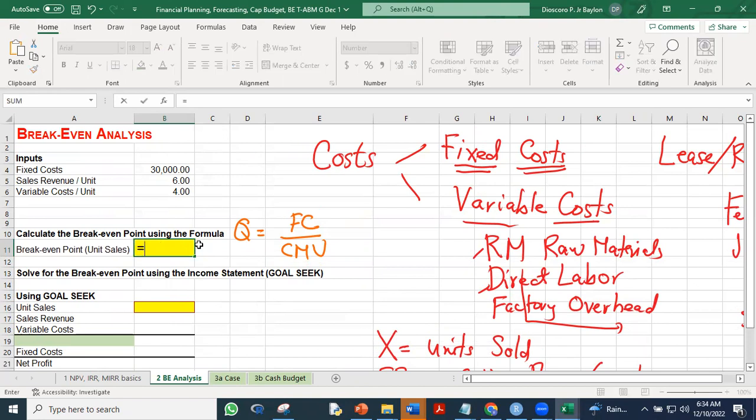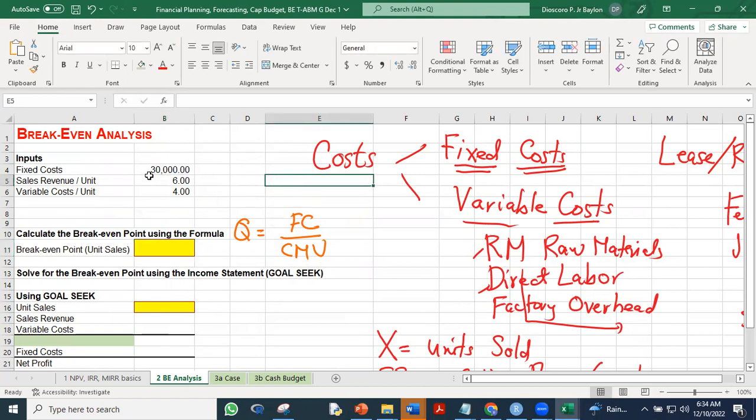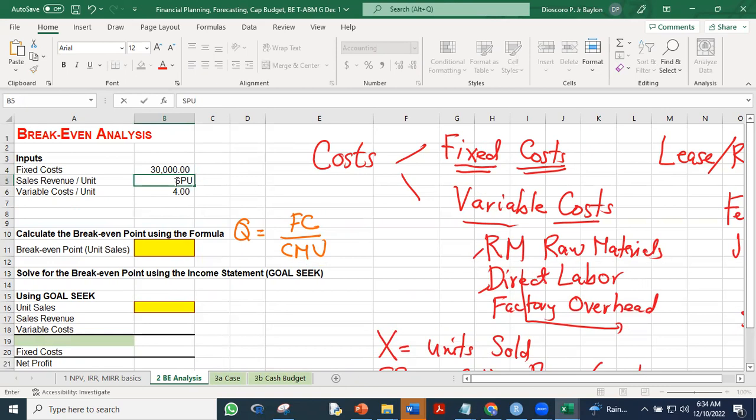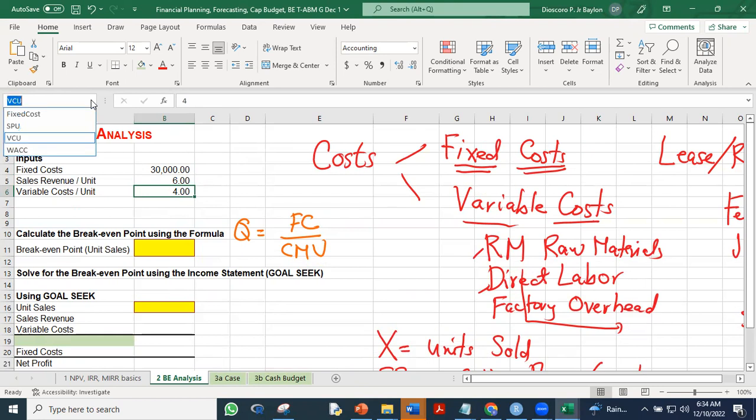So using the formula, fixed cost is at 30,000, and then we divide it. Why don't we give this a name? So let me just type here the name fixed cost, enter. This one is SPU, let's call it selling price per unit. Oh, sorry, a mistake. Let's call this SPU, selling price per unit, enter, and this is variable cost per unit. There. So we now have names, fixed cost, SPU, VC.